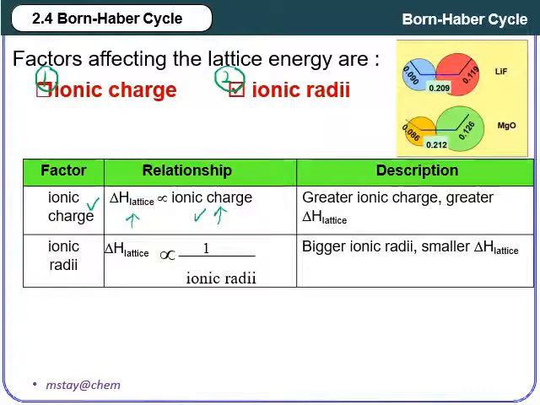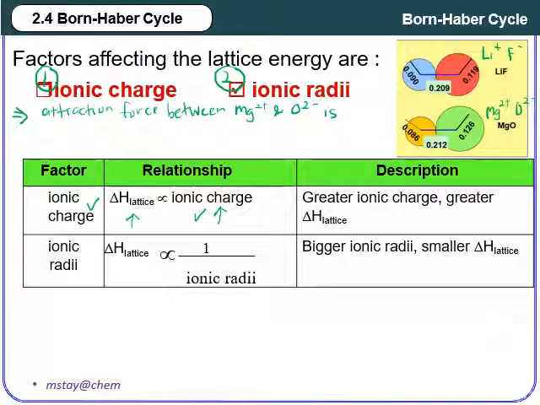For example, we have lithium fluoride and magnesium oxide. As we know, it is Li plus with F negative, and Mg2 plus with O2 negative. Because the charge is higher, when we want to do the explanation, we will mention that the attraction force between Mg2 plus and O2 negative is stronger than between lithium plus and fluoride ion.